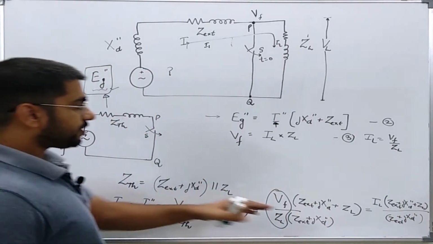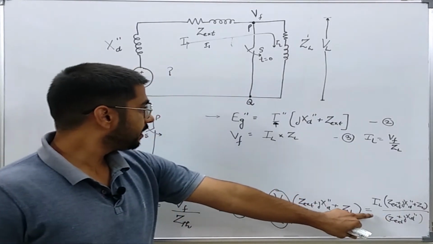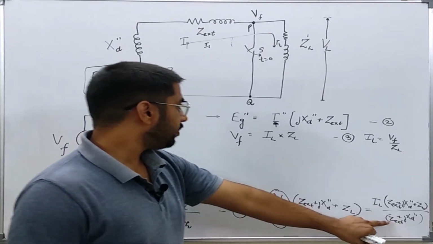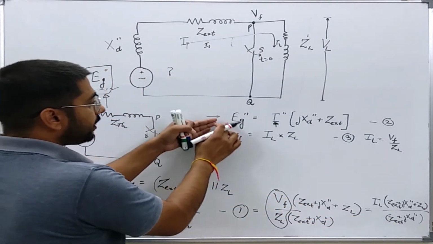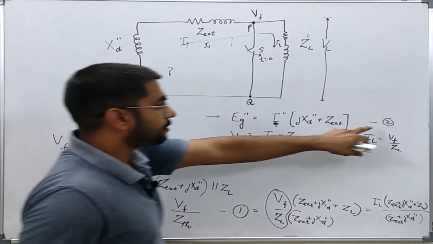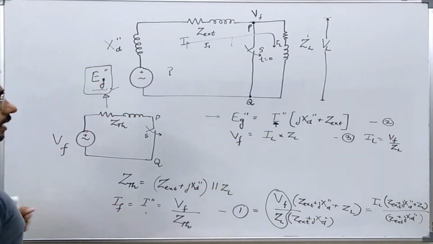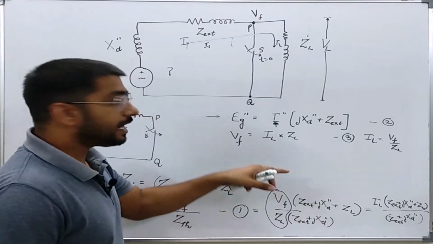Okay, now you see this equation number 1 can be used to find the value of Eg double prime in equation number 2. That we will do in the next slide.